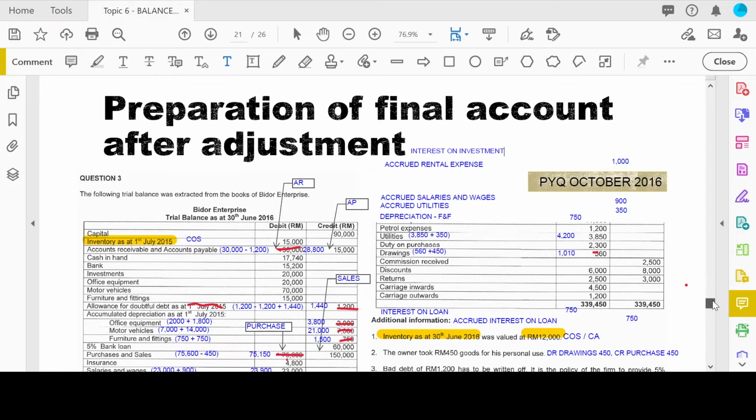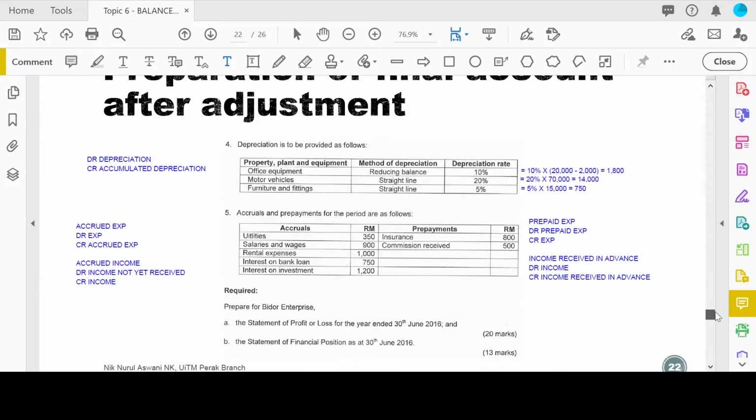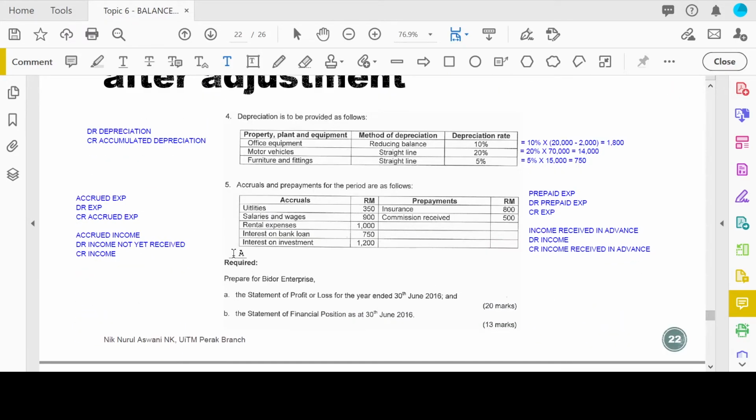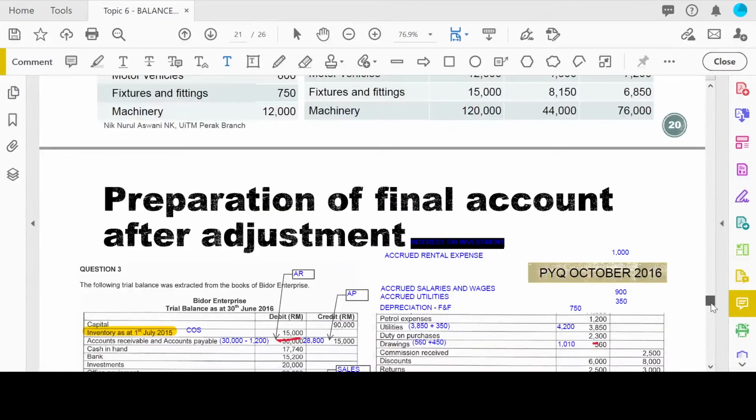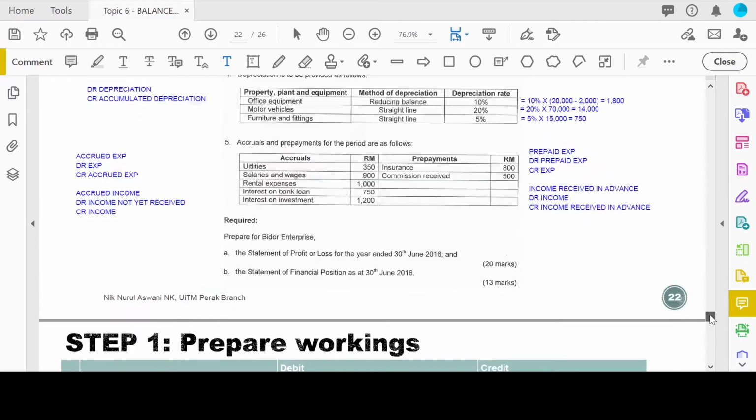Of how much? Interest on investment is an income account, so we're going to refer to accrued income. So to debit income not yet received, meaning that we're going to create a new account called interest on investment not yet received. And then credit interest on investment, because this is a revenue. So for an increase in revenue, we have to credit here, of 1,200.